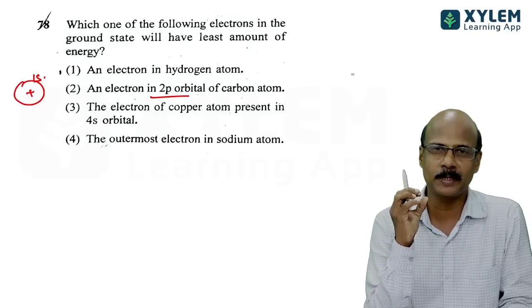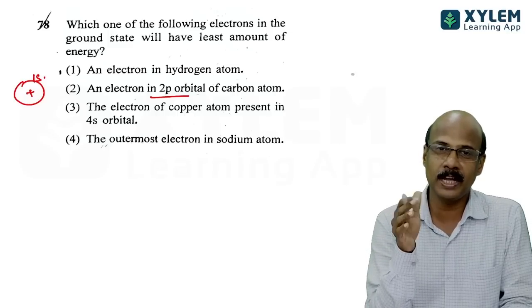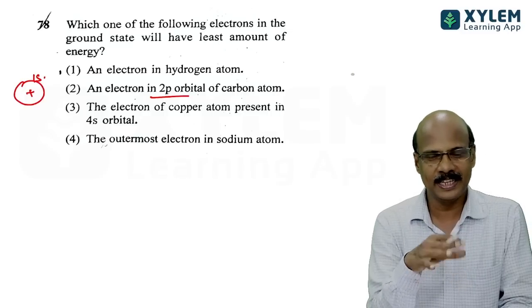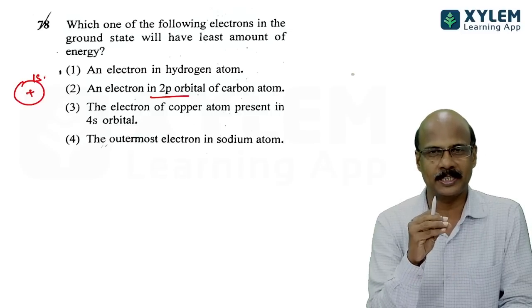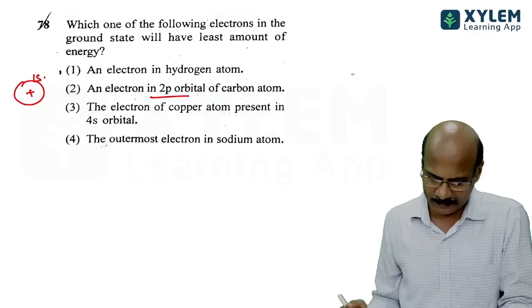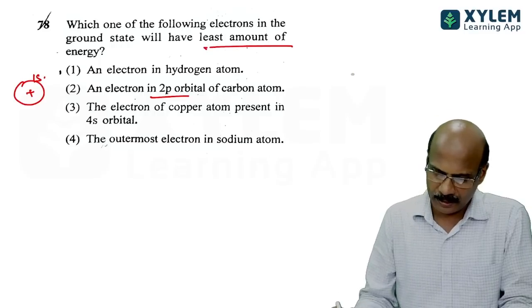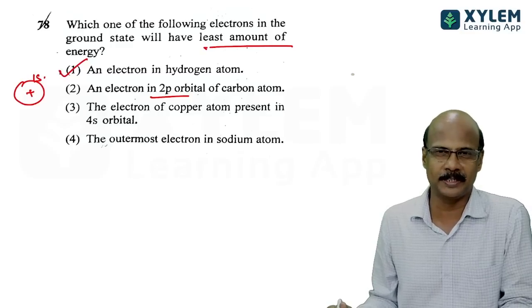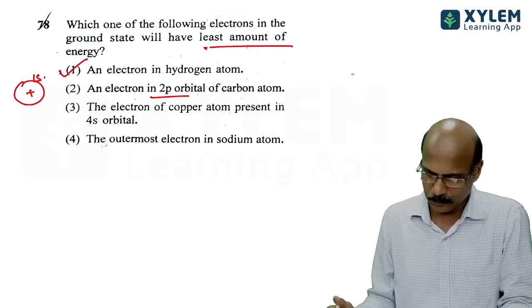Close to the nucleus means that it possesses very high negative energy. High negative energy means less energy. The greater the nuclear electron attraction, the less the energy of the electron. So the least amount of energy is asked. The possible answer is the electron in the hydrogen atom because it is very close to the nucleus.